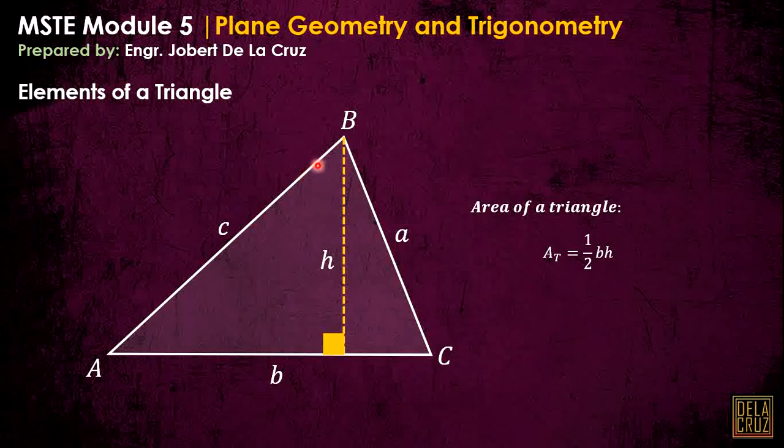Now, if we are to use the side c as our base, then our h should be oriented in this way. Should be 90 degrees with the side or the referred base, then projected sa vertex. Okay? Or, if yung a ang ating reference base, then h should be oriented in this way. Okay?